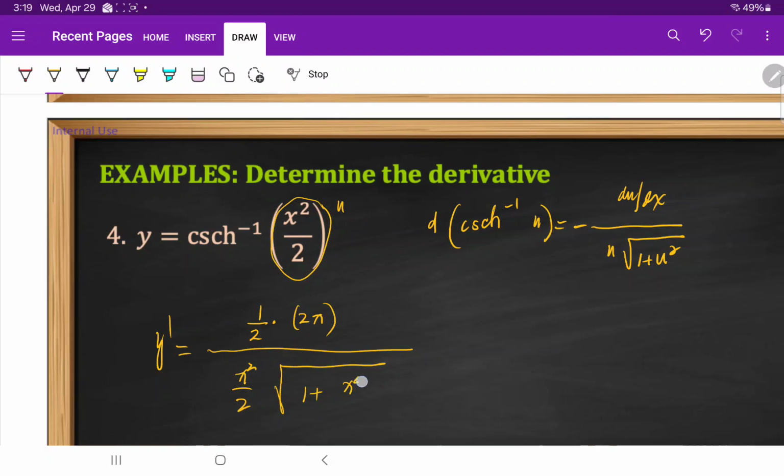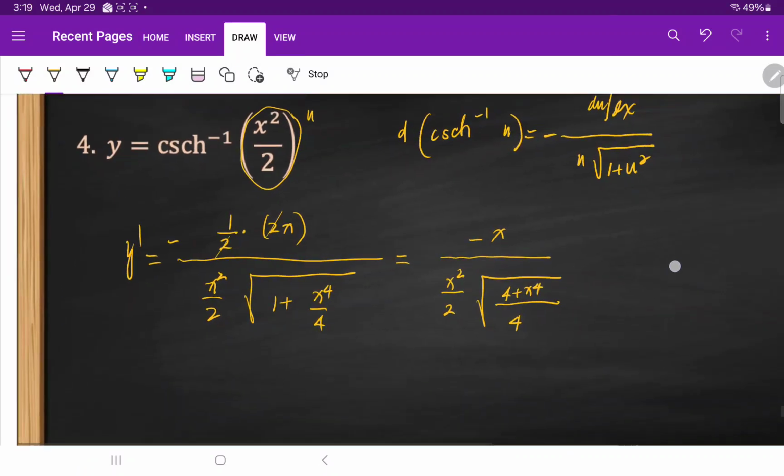So x to the 4th over 4. Okay, so if we simplify it, it should be negative. So we can cancel the 2. In the numerator, it's negative x. Now, in the denominator, x squared over 2, you could get the LCD here, which is 4. So you have 4 plus x to the 4th.